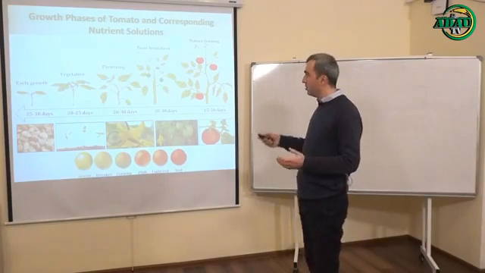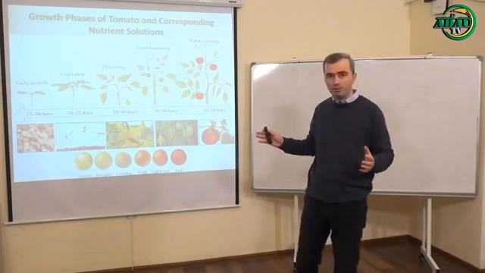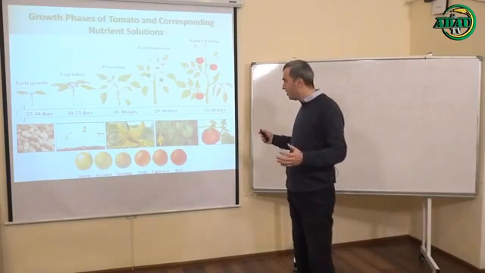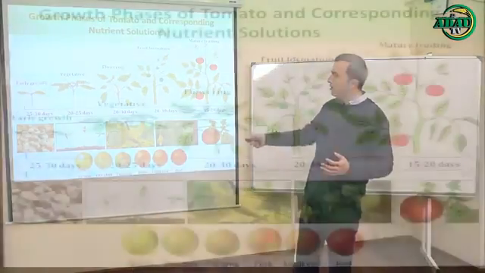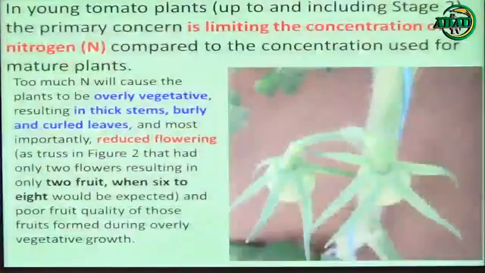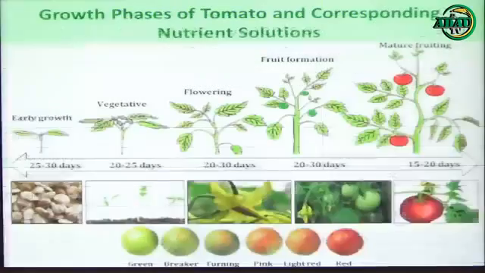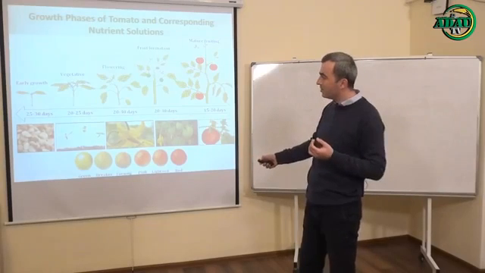common practice is that tomato has 5 stages of development. In some cases, the first 2 are joined together. And in general, we can say that there are 4 main stages, and each stage, as you can see, has its period, its length.